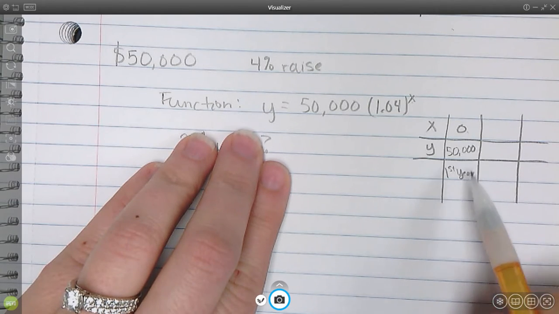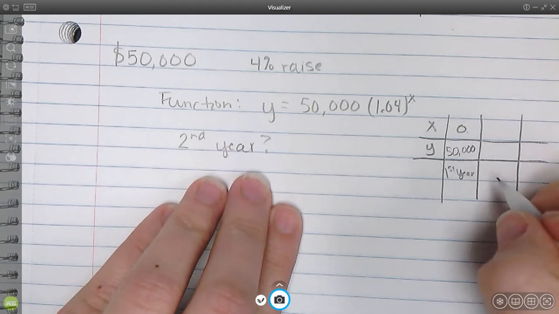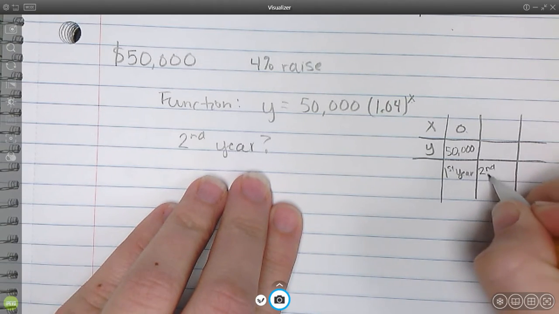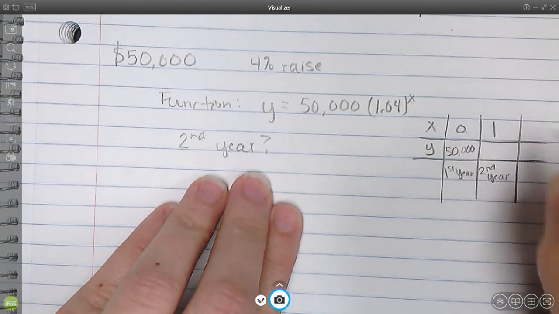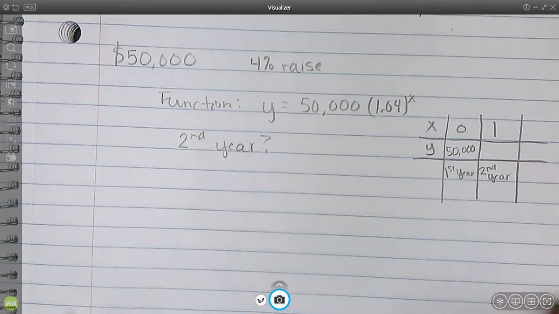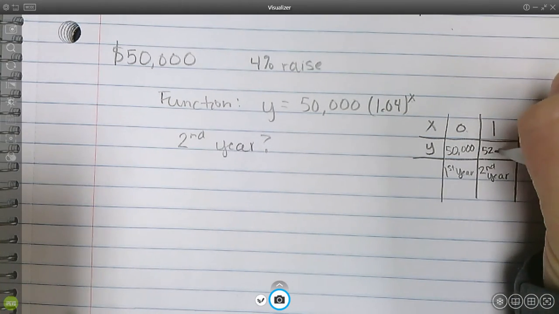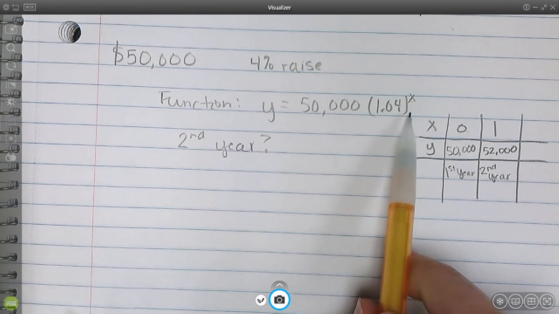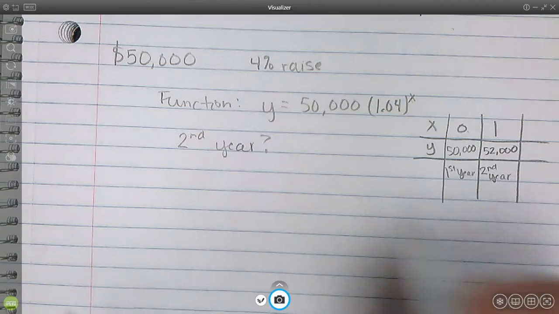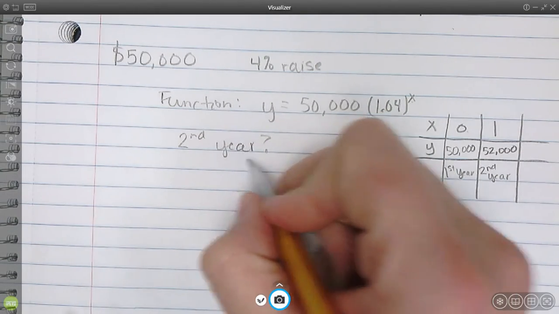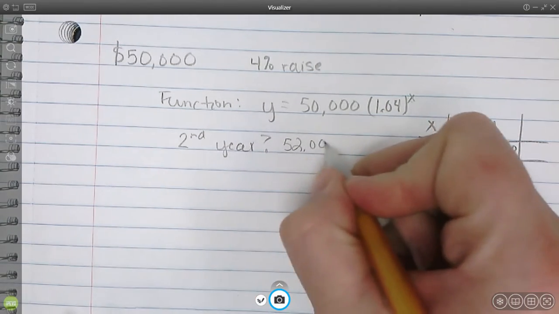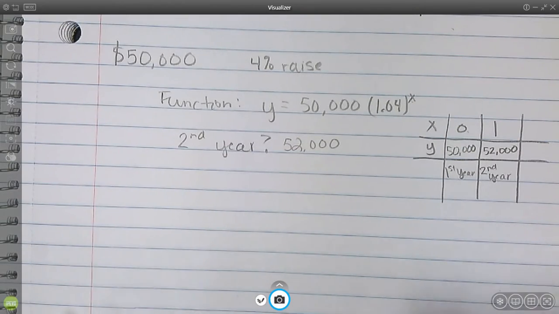So in my first year, I plugged in 0. So in my second year, I'm going to plug in 1. So if I plug in 1 here, you end up taking 50,000 times 1.04, and you get $52,000. So don't automatically just go ahead and plug in a 2 here because you won't be right. So second year, you get $52,000.